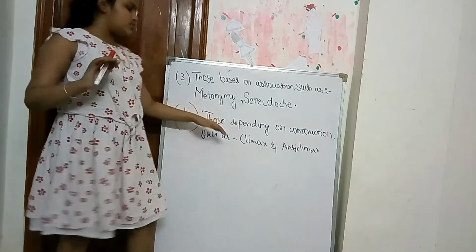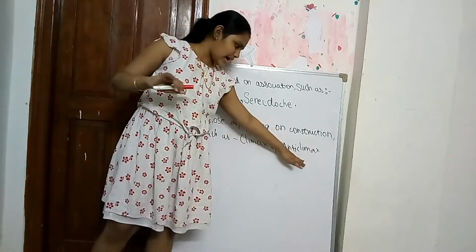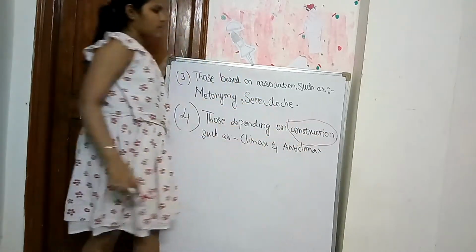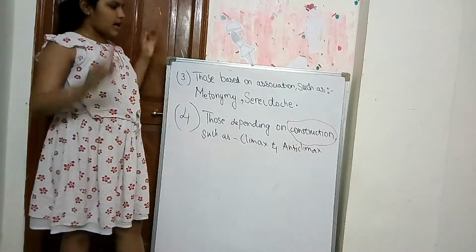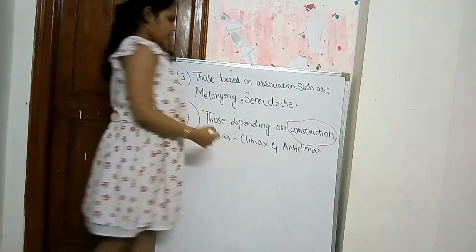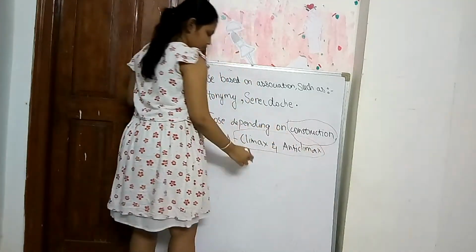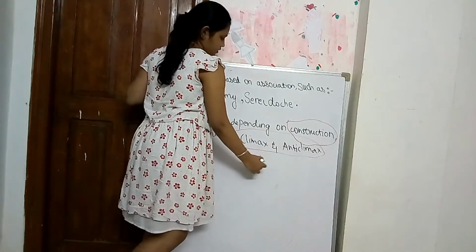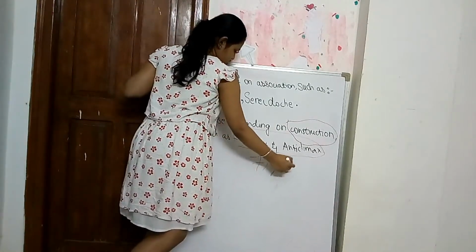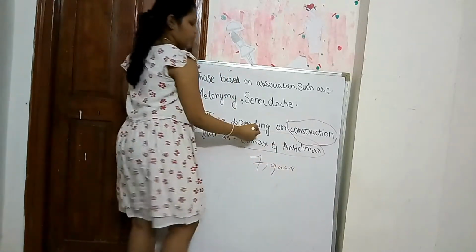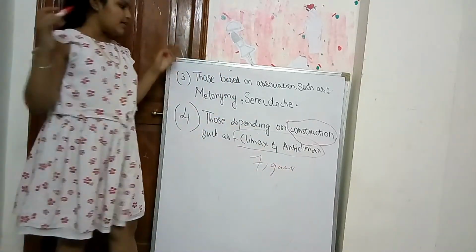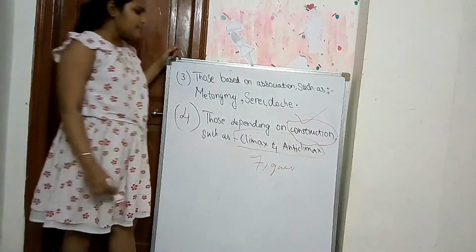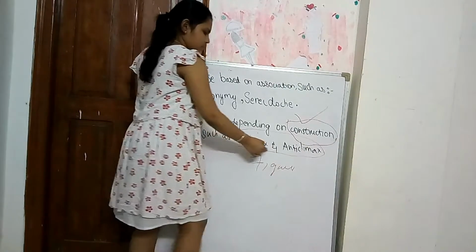These two are based upon their construction. If they are not constructed properly, we cannot understand these figures of speech or what they actually mean. So the construction is very important for us to understand these two.